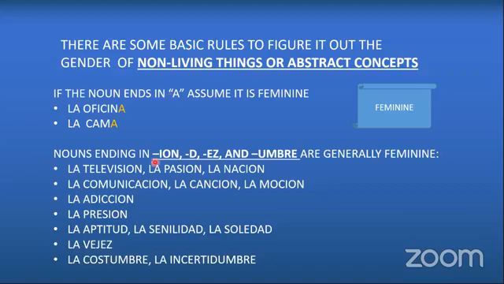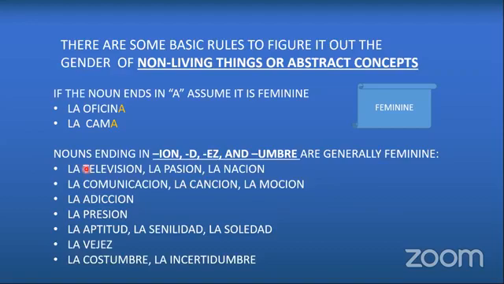So now we have a couple of words that are not so easy. They don't end in a or o. They end in weird consonants and vowels. So there is this little trick here. Nouns ending in ion, d, z, and umbre, not hombre, umbre, are generally feminine.